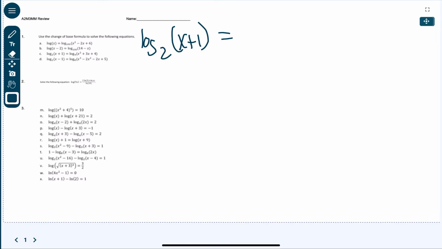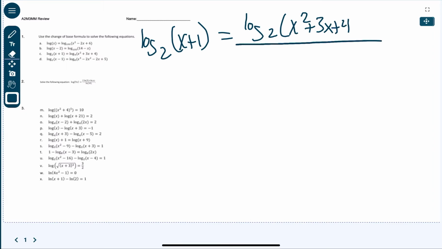So we got to do the change of base formula over here. Now, how are we going to do that? We know that the log is going to have to be base 2. So let's do log base 2 of x squared plus 3x plus 4 over log base 2 of 4.